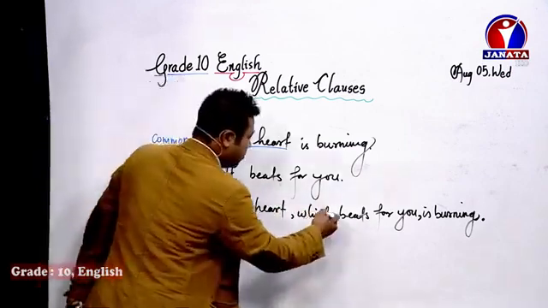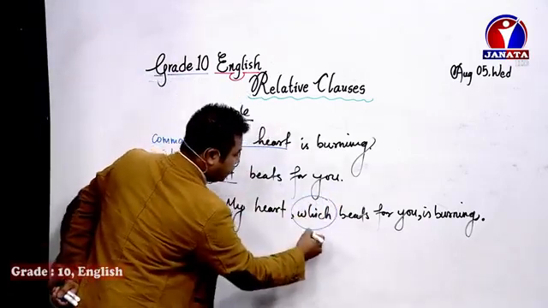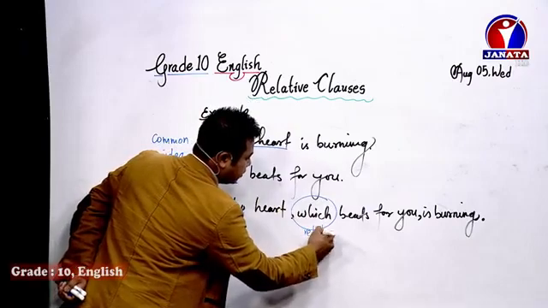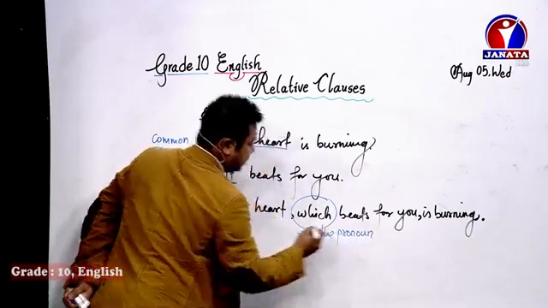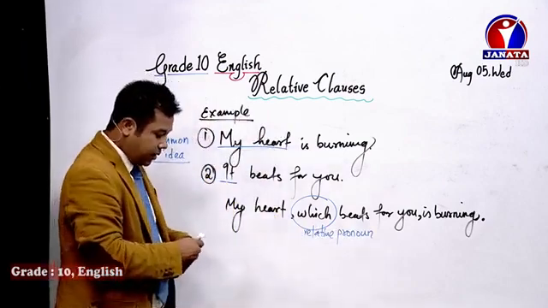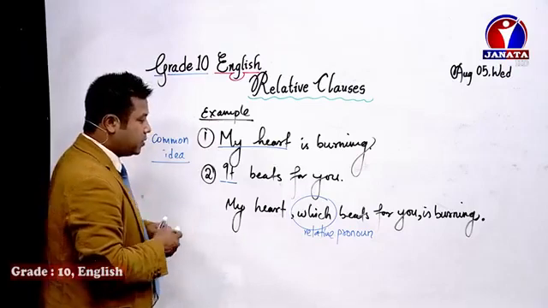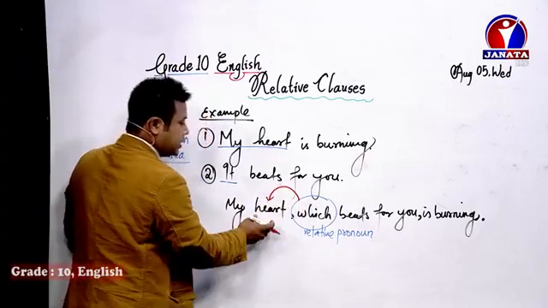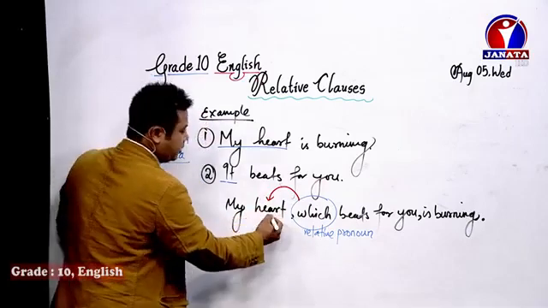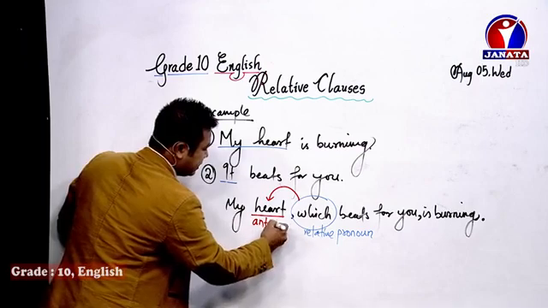Now, when you merge them into sentences, like I've mentioned, we're using one relative pronoun. See, this is the relative pronoun. A relative pronoun in the clause actually refers to a noun which is kept close to it, which in grammar we call the antecedent.